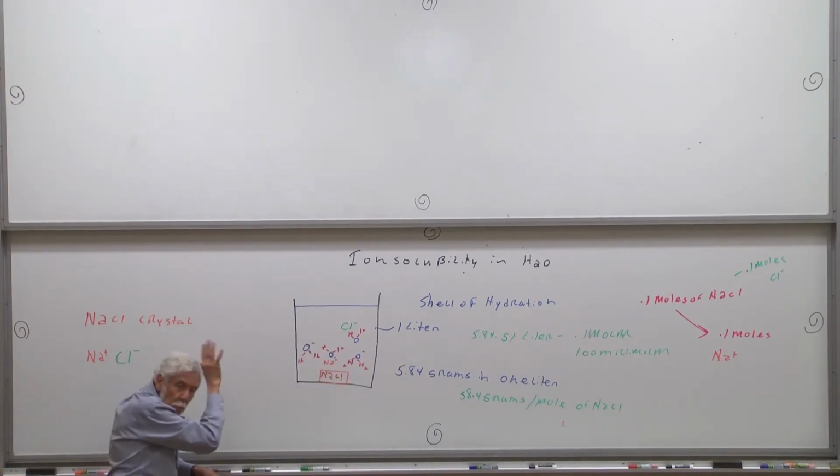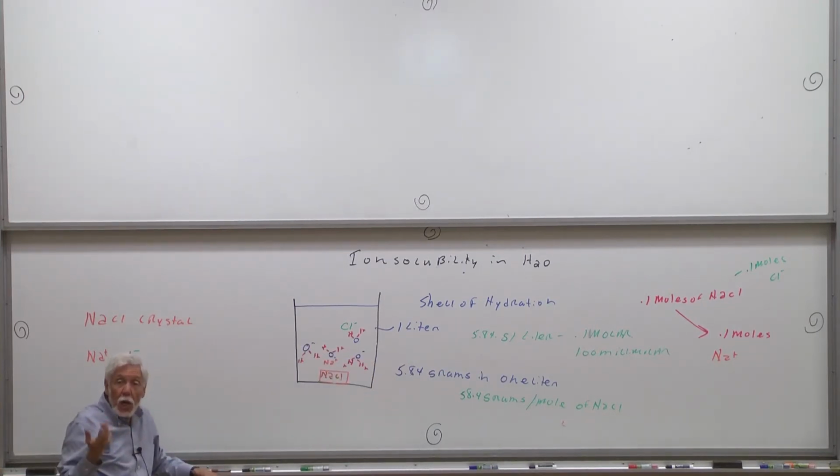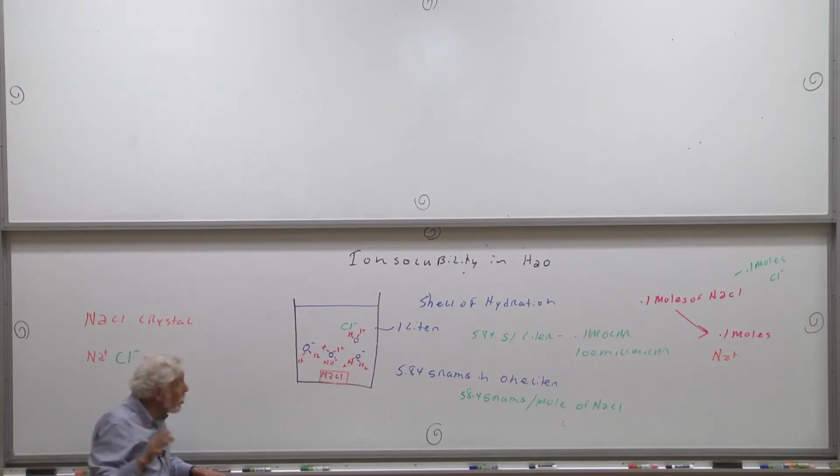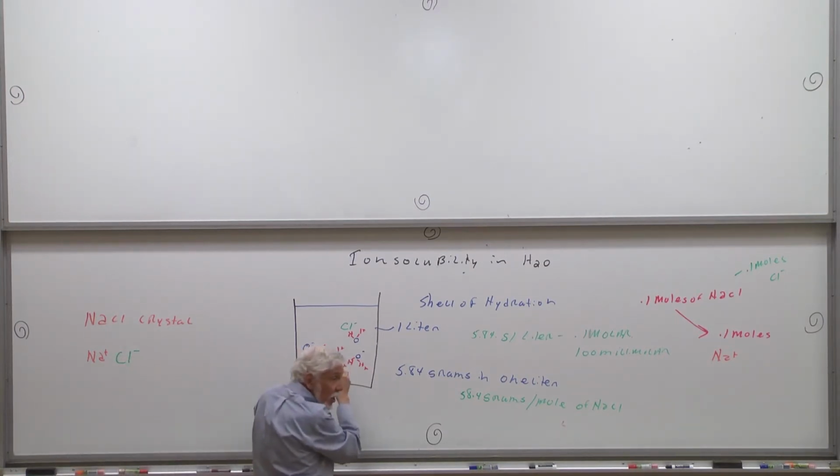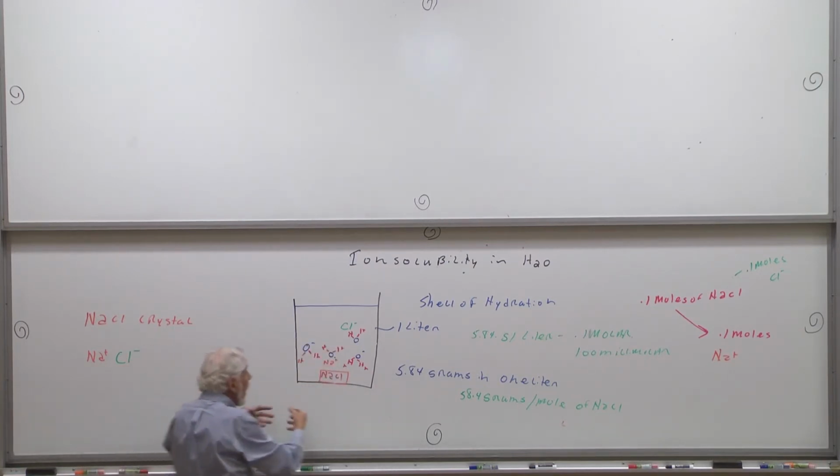This is going to have important implications later on when we talk about osmolality and the movement of water. But for now, just recognize that these ions are now leaving their interaction one with another in crystal and going into solution.